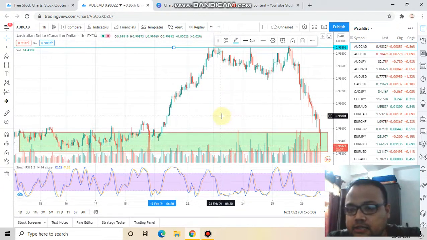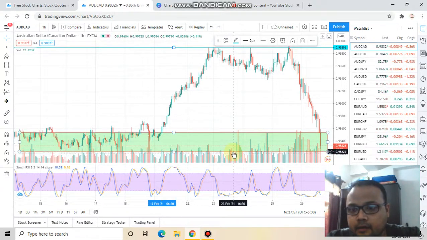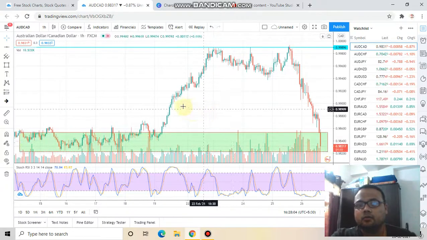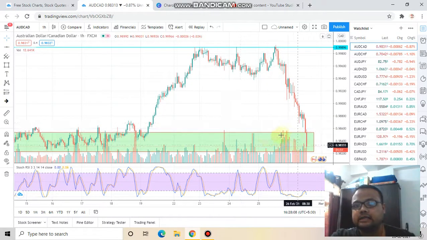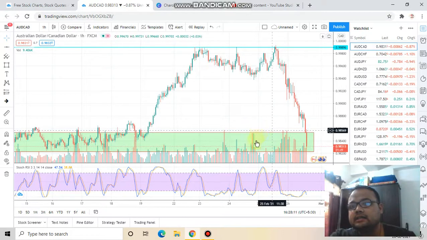Right now market is trading at 0.9832. So we just need to wait for 0.9822 and see whether the market will be able to provide support or not. This is the decisive price level right now.